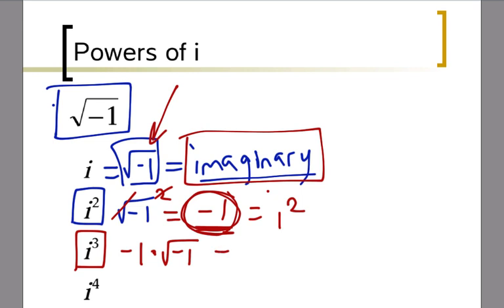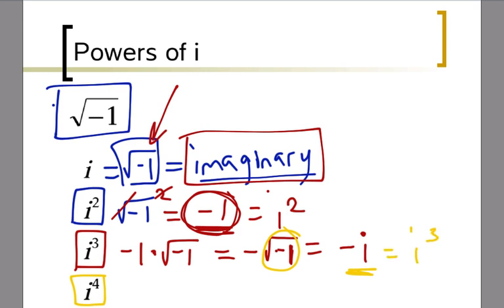If I do that, that would give me negative square root of negative 1, or negative i, because again, this is just an i. So now, to get i to the fourth power, we would just take negative i, which is i to the third power, and multiply it by another i.